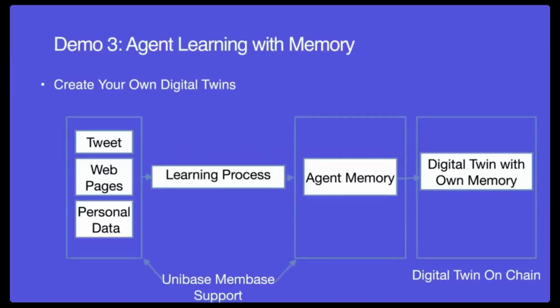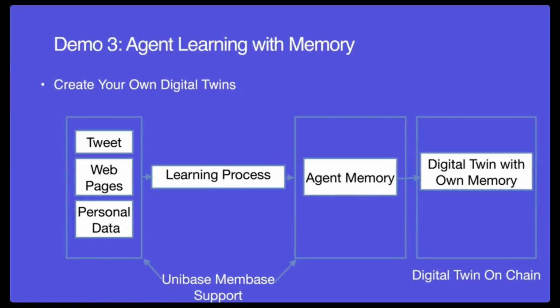Let me explain the digital twin creation process. On the left, we have your source data: tweets, web pages, and personal data you provide. This data flows through our learning process, which analyzes your writing style, topics you discuss, opinions you express, and knowledge you demonstrate. The learning process creates memories in Unibase Membase.